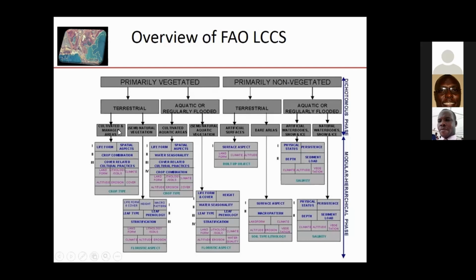And then when you get to the hierarchy of terrestrial, for the vegetated areas on the Earth's surface, you have something like cultivated and managed areas, then others are semi-natural vegetation. And then at a modular hierarchy, they have been able to further go into the classes and create smaller ones. So this is basically the FAO land cover classification scheme.